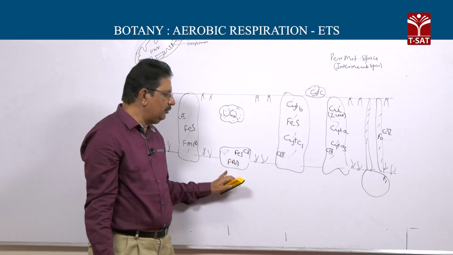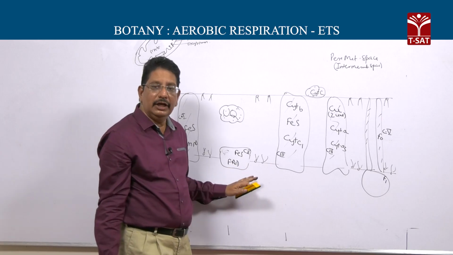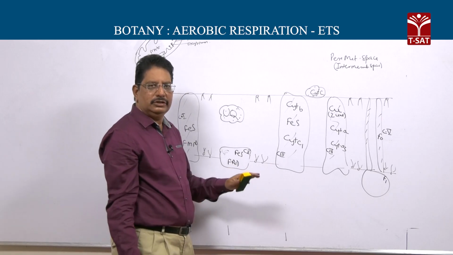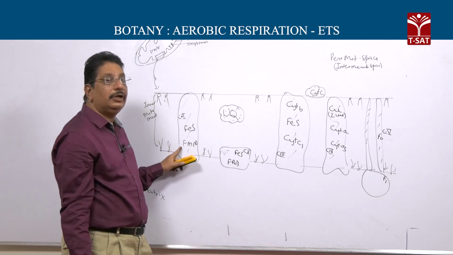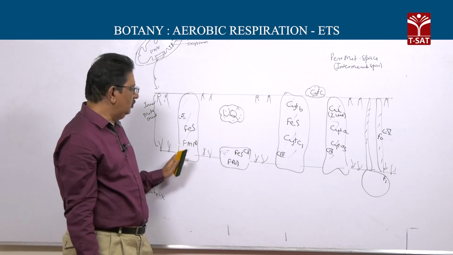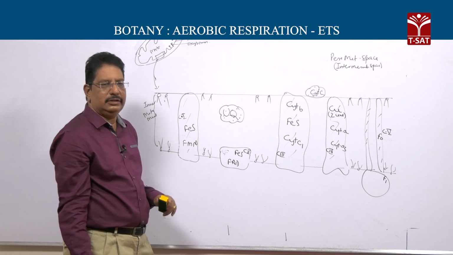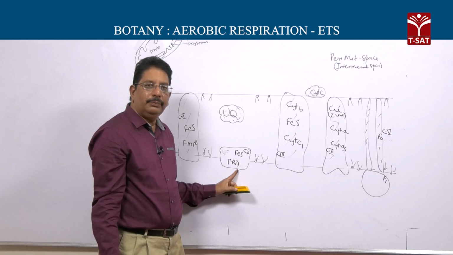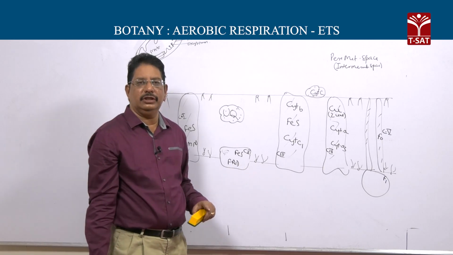And the enzyme name of the FAD complex is succinic dehydrogenase. So, these are important combinations: the enzyme name of complex 1 of ETS is NADH ubiquinone oxidoreductase, and complex 2 enzymatic name is succinic dehydrogenase.